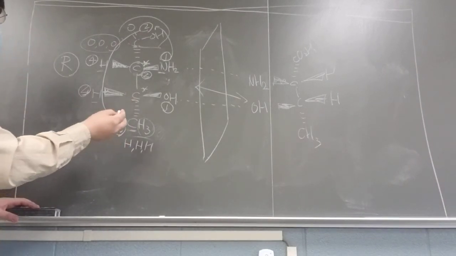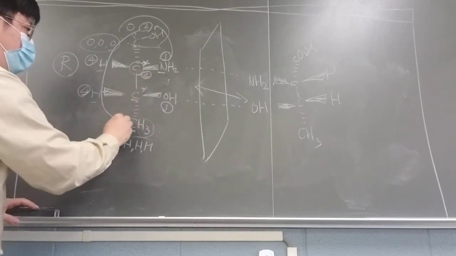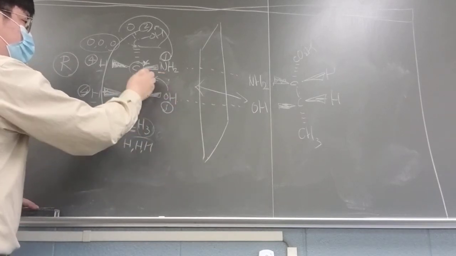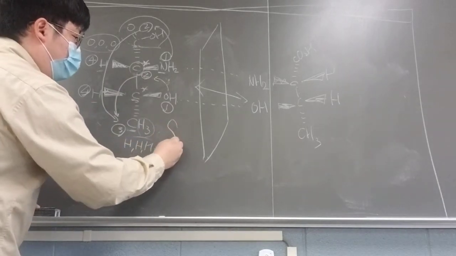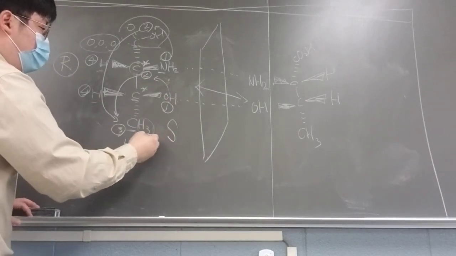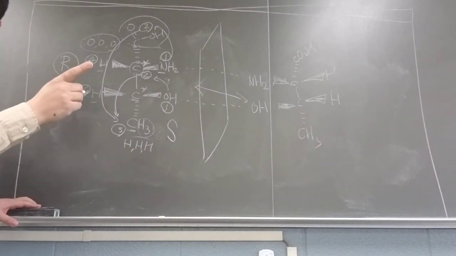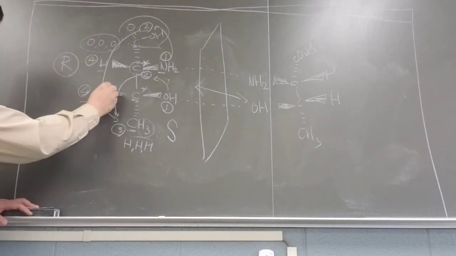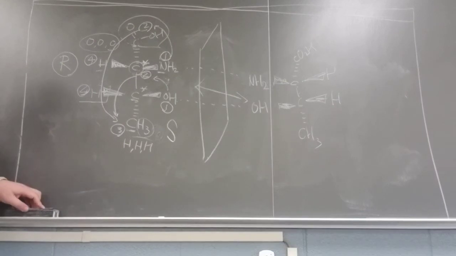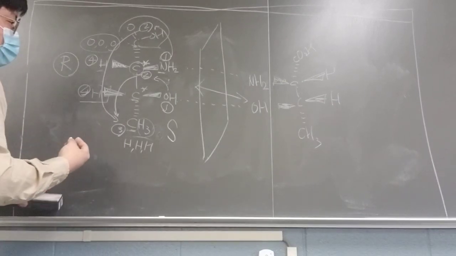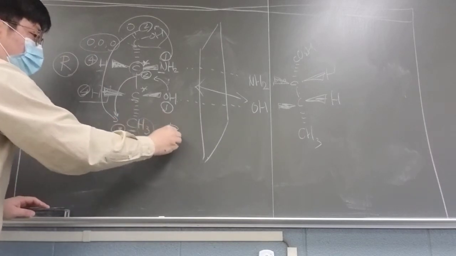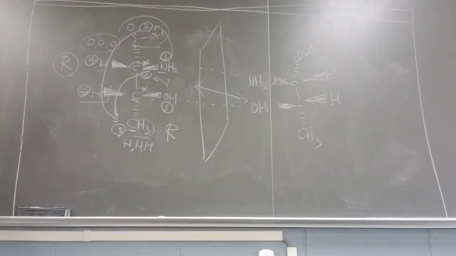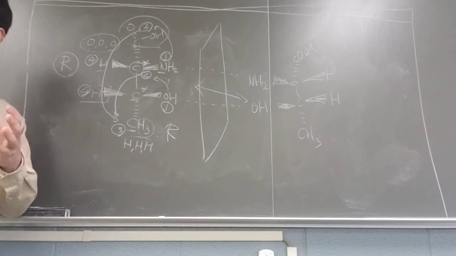Okay, so this is number 3 then. Let's do this again. 1, 2, 3. 1, 2, 3. So this is also S, counterclockwise. But the problem is, once again, what's the problem here? This is also heading toward you. So S is also inverted to R. Okay, can you guys see this one?